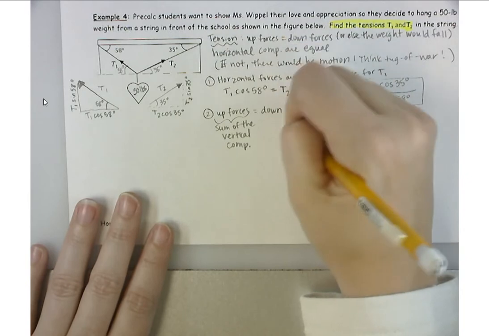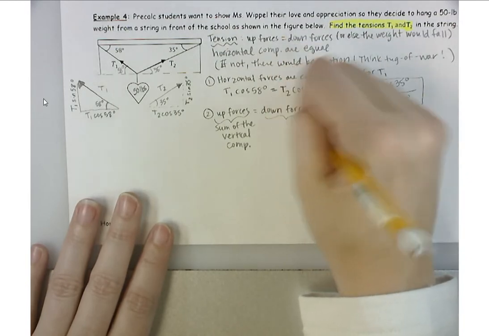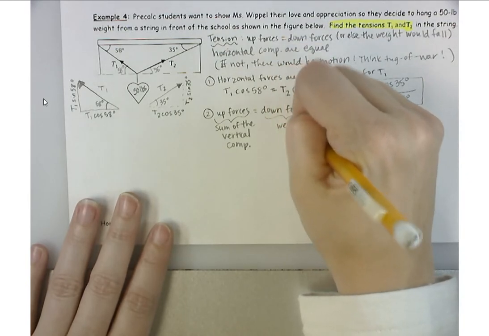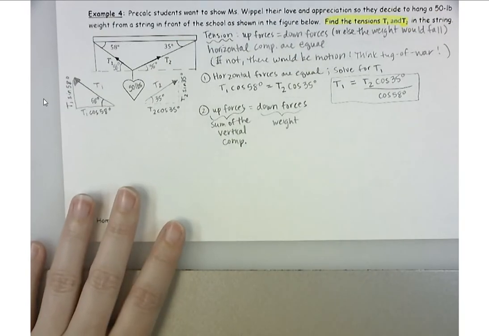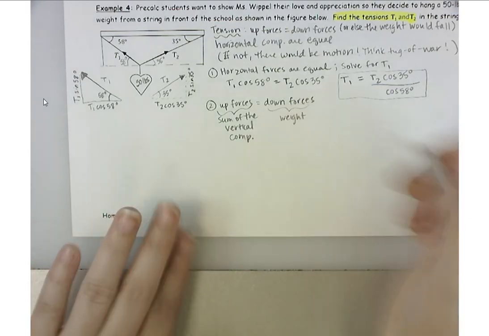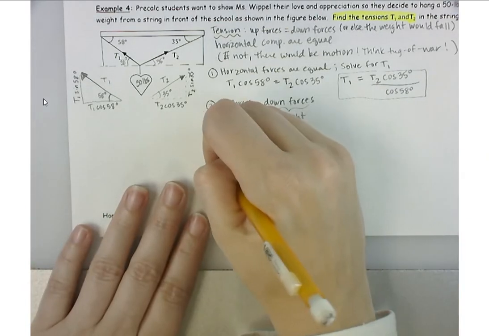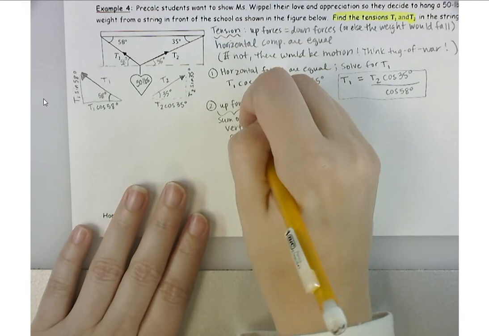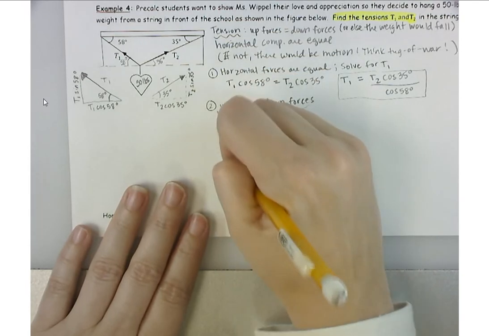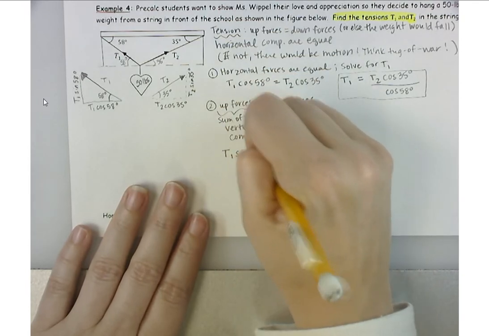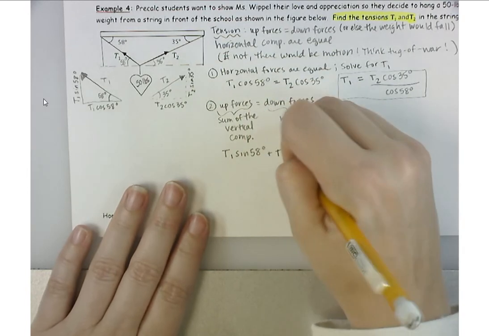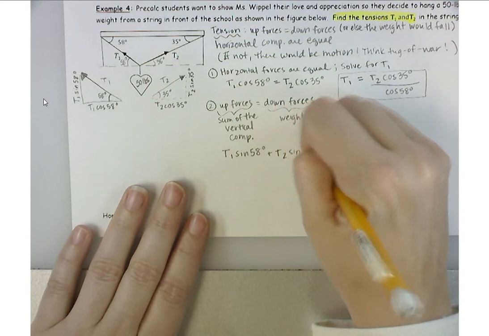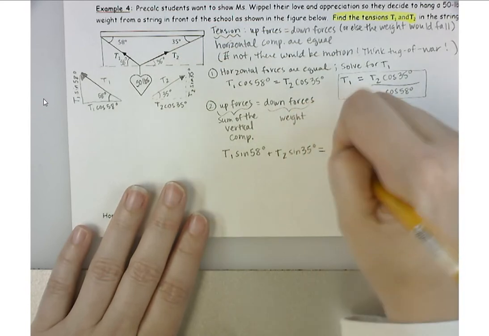The down force is going to be the weight of the object. So when I set this up, I'm going to have the up forces, which are T sub 1 sine of 58 degrees, plus T sub 2 sine of 35 degrees, equal to the weight, which is 50 pounds.